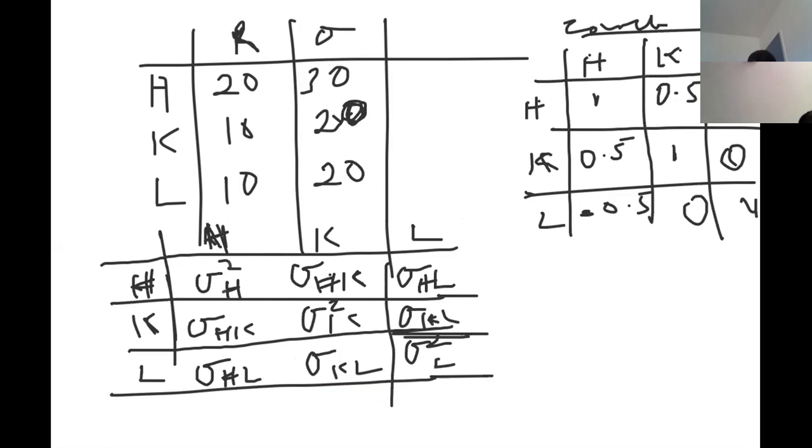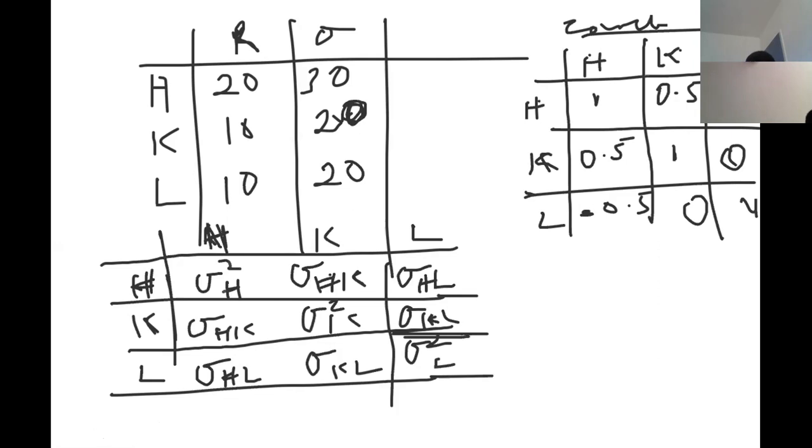So the variance of the portfolio is equal to, first, let me sum the leading diagonal, which is going to give me the variance terms.